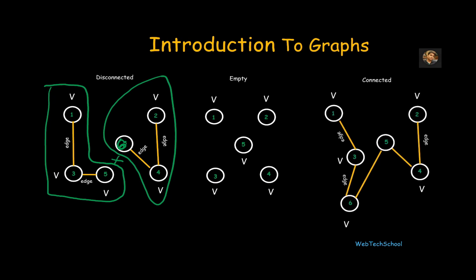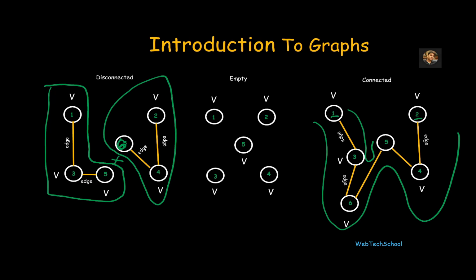Next is a connected graph. A graph is said to be connected if between any two distinct vertices there is a path present. Let's say we need to find a path between vertex 1 and vertex 2, there is a path present. Vertex 1 and vertex 5, there is a path present. We are only taking the example of 1 and 5, 1 and 2, but you can take any distinct set of vertices.